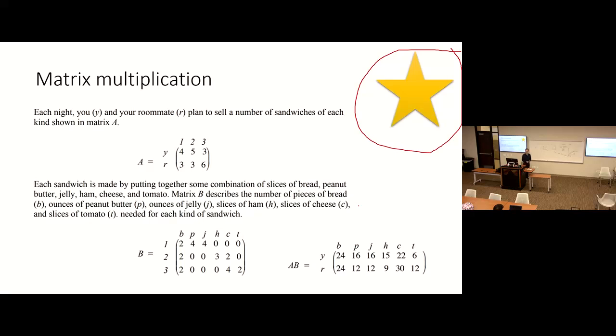That's why there's matrix A to tell you, oh, you want to make 4 of sandwich type 1. That's the number here. You want to make 5 of sandwich type 2, 3 of type 3, and your roommate wants to make the same three sandwiches, but in different numbers. Okay, so that's what you want to do.